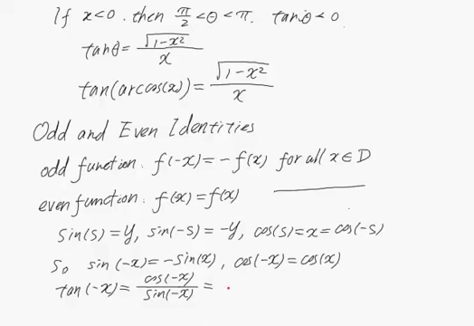Since cosine is an even function and sine is an odd function, cosine of negative x is just equal to cosine of x, and sine of negative x is equal to negative sine of x. Then this is equal to negative tangent of x. So you know, tangent is an odd function, right?